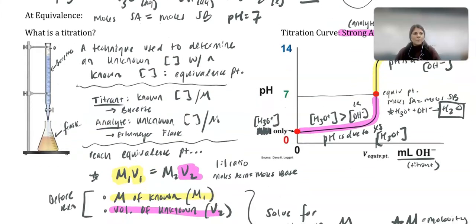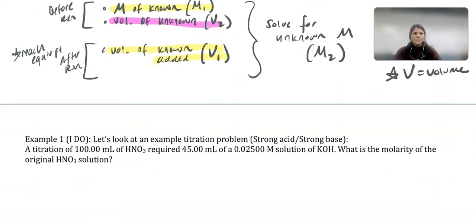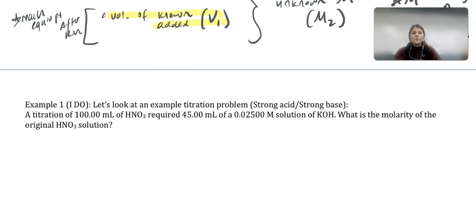All right, moving on. So I have an example for you to do, okay? I'm going to read out the problem to get you started. A titration of 100 milliliters of HNO3 required 45 milliliters of a 0.025 molar solution of KOH.